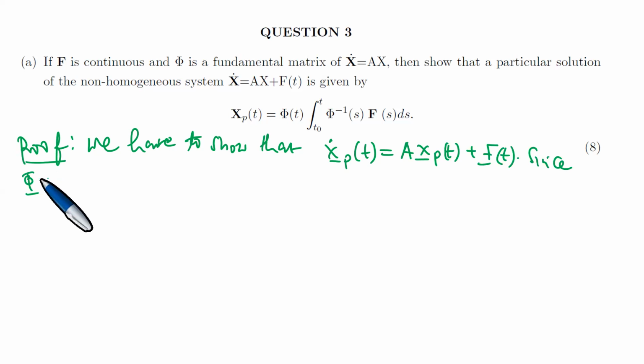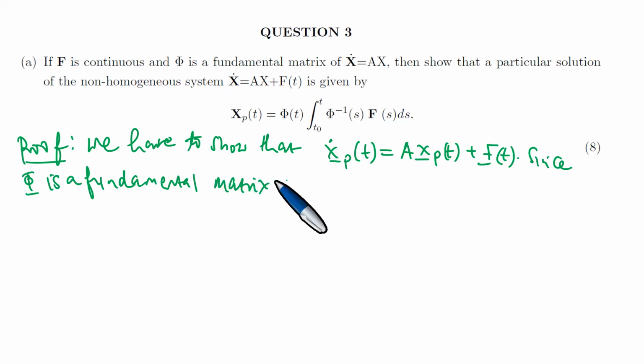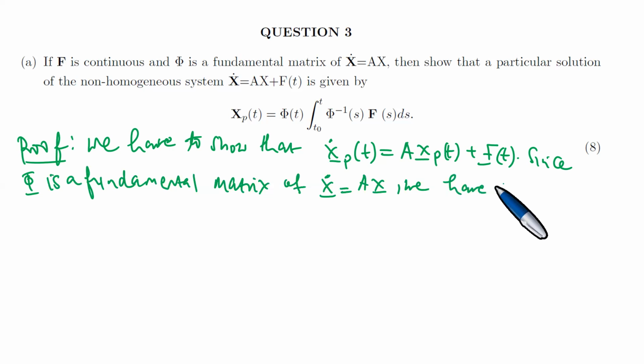First we say, since phi is a fundamental matrix of x dot equals Ax, this is how the proof goes.